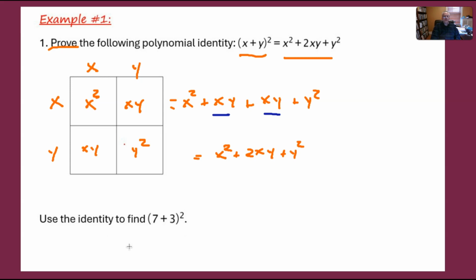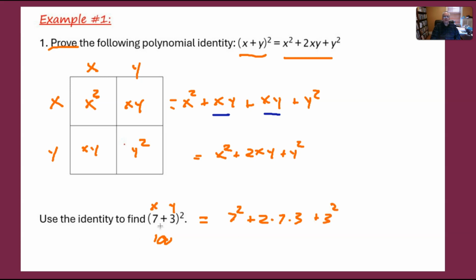Now, we're going to use it to find 7 plus 3 quantity squared. Well, that's 10 squared. We know that's 100, but we're going to use the identity to get 100. So x is 7, and y is 3. So we have x plus y squared, and that's supposed to equal x squared, 7 squared, plus 2xy, plus y squared, which would be 3 squared.